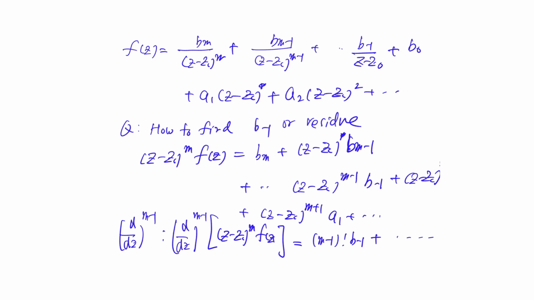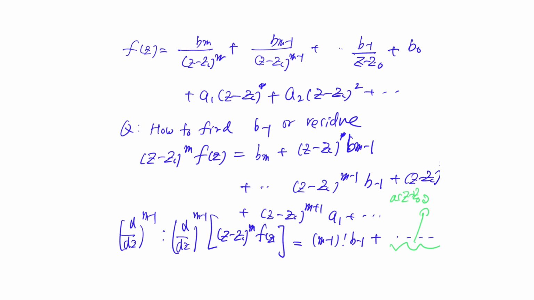And these terms will go to 0 as z goes to z naught, right? There are other terms like z minus z naught squared, etc. But if you take the limit as z goes to z naught, then the other terms will go to 0 too, right?